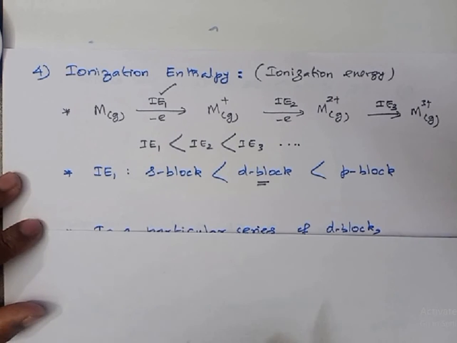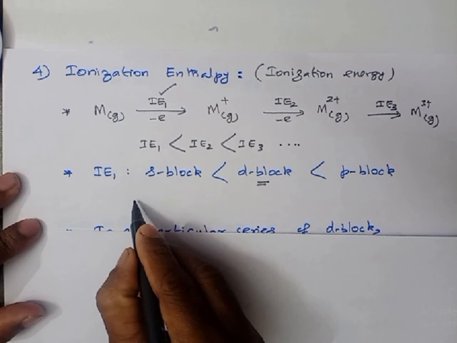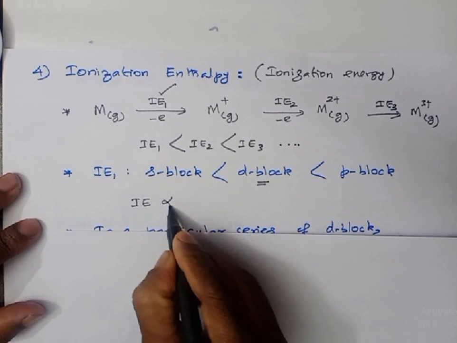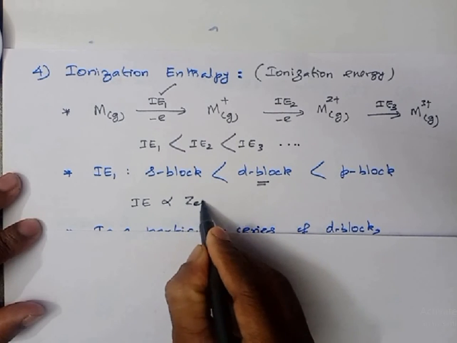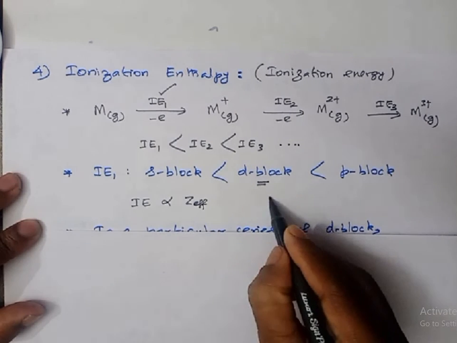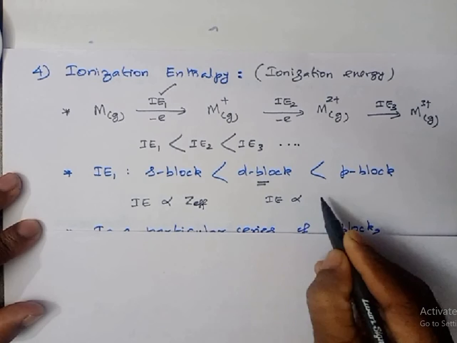So students, observe this carefully. In general, ionization energy is directly proportional to the effective nuclear charge of the atom. If effective nuclear charge increases, ionization energy increases. Clear? Ionization energy is inversely proportional to size.